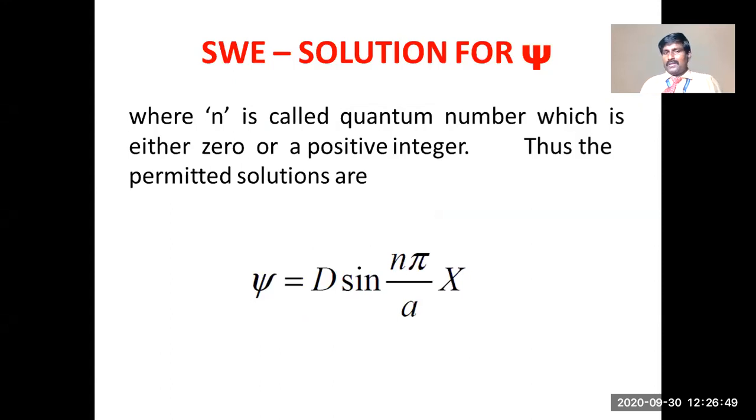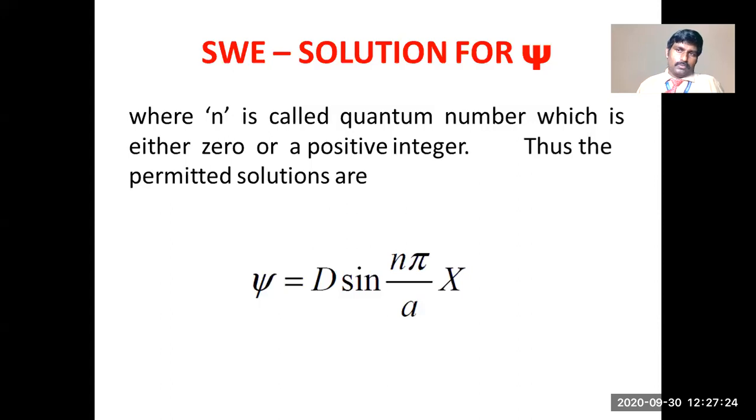Here, the small n that you are getting is the quantum number. n is equal to 1, 2, 3, 4, 5 and so on, not 0. If n is equal to 0, what will happen? Psi is equal to 0. That means we are already assuming that inside the box psi is not 0. Why are we not getting a 0 orbit? The reason is that inside the box, inside the orbital, there is a probability of finding the electron.